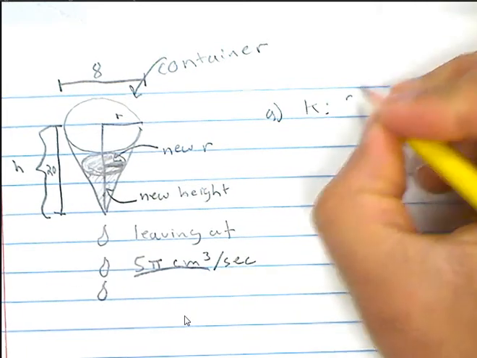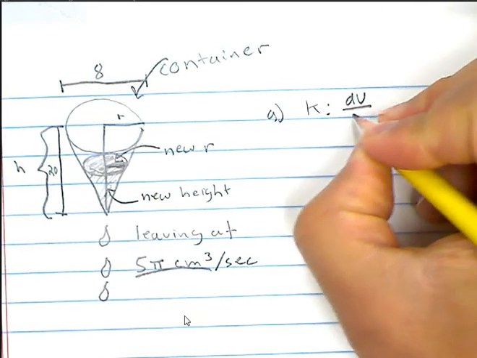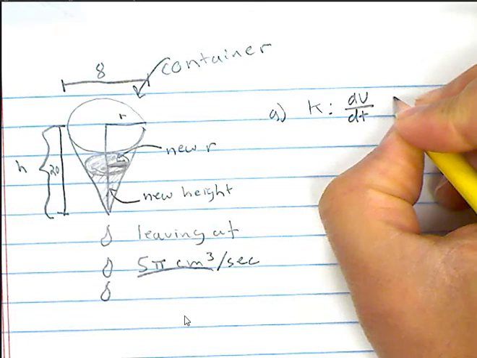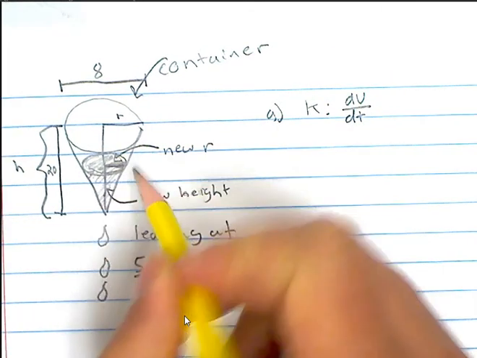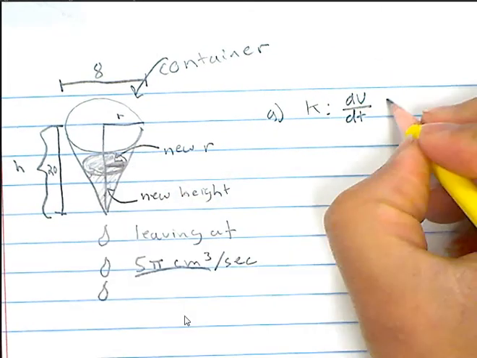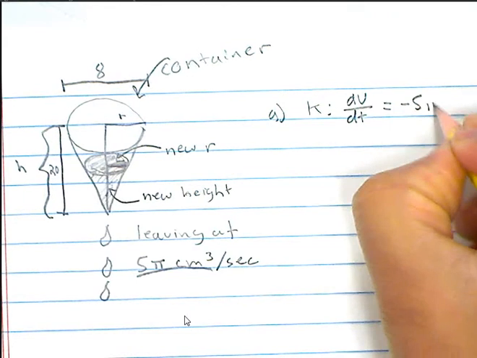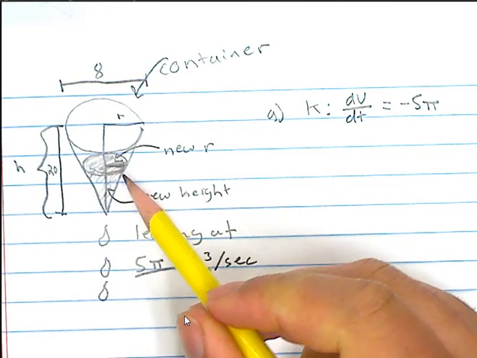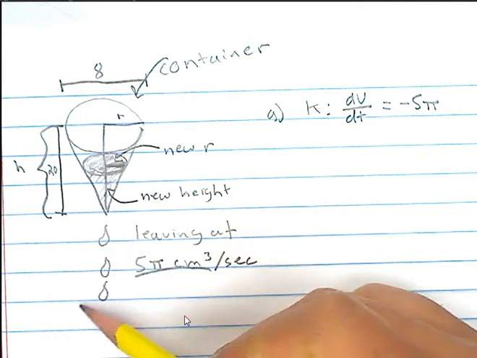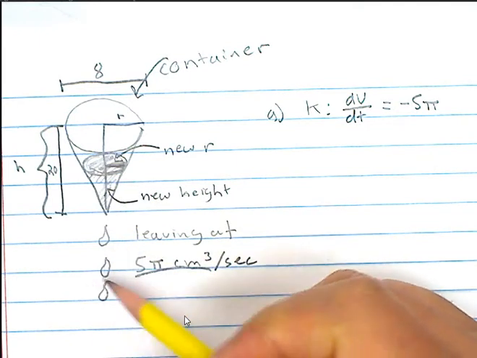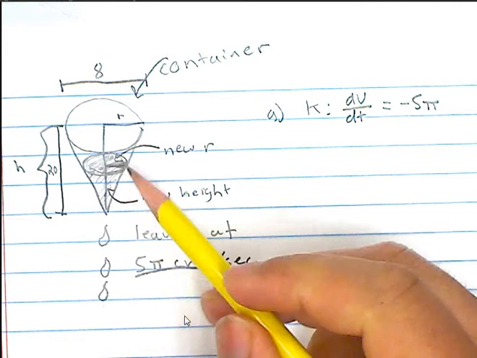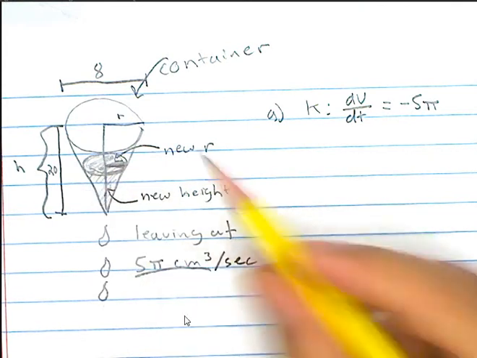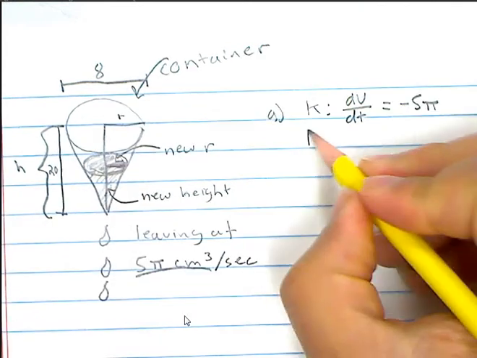So the change in volume, dV/dt, of the water in the tank is negative 5 pi, because it's decreasing the volume in here.